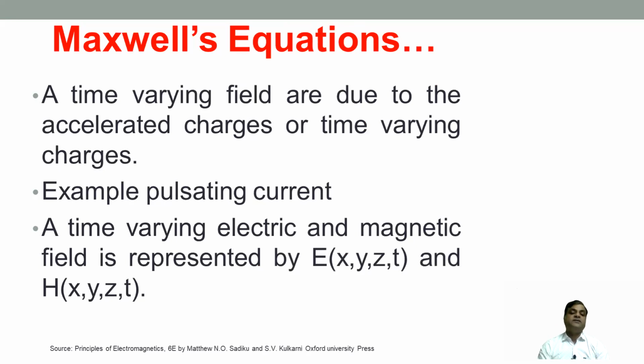If it is a cylindrical coordinate system, then it is r, phi, z, and if it is a spherical coordinate system, then it is r, theta, phi, and t is the time. So any electric field is represented by an equation of E in the form of the independent variables x, y, z, t if it is in a rectangular coordinate system.